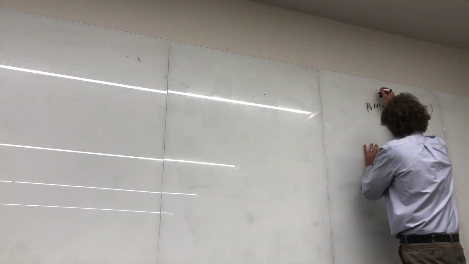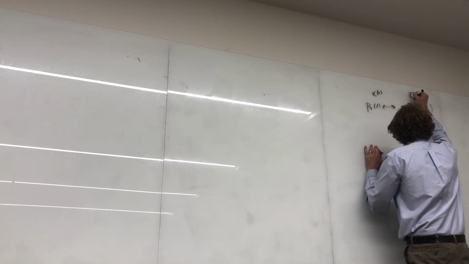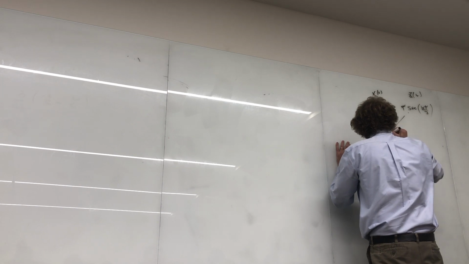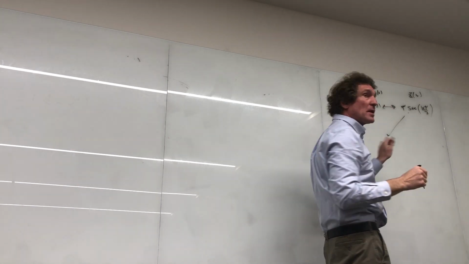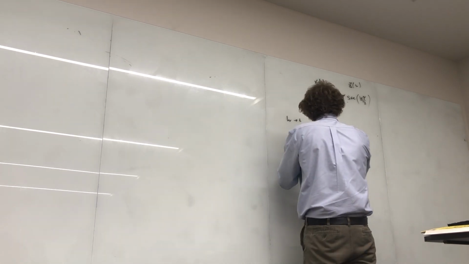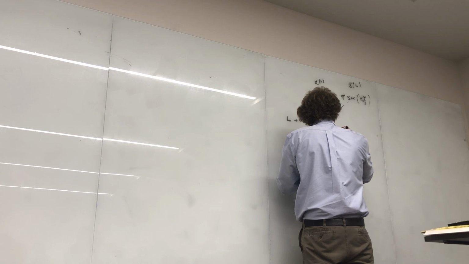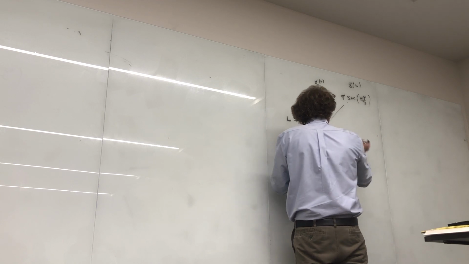And if we use duality, duality says if this is my x of t, and this is my x of omega, I take this one into the time domain and I replace omega with t. So it becomes tau times the sinc of t times tau over 2.